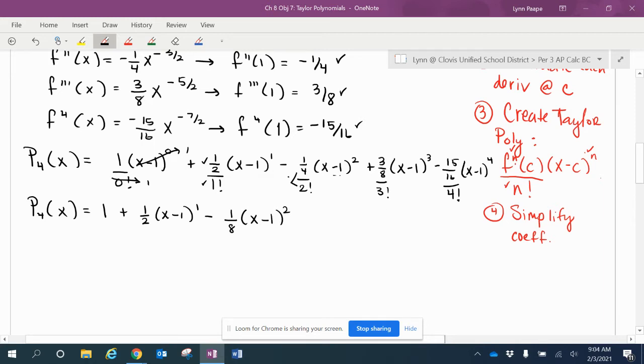And then I have 3/8 divided by 3 factorial, which is 6. So that would be 3 over 8 times 6, which is 48. So 3 over 48. What is that? 1/16? Yes. And then that would be x minus 1 cubed.